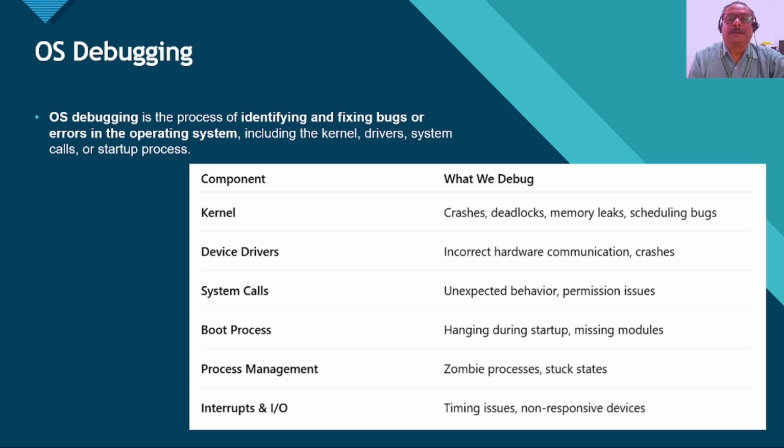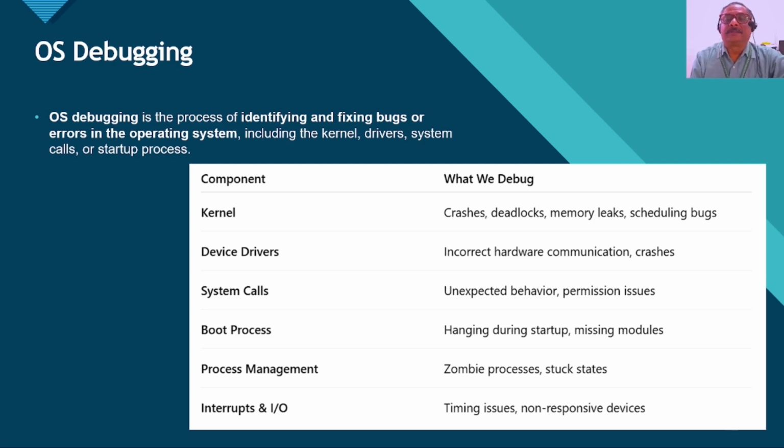Looking at the kernel, it may stop working, which we often call a crash, may have deadlocks because of resource problems, may have memory leaks, or there may be bugs in the scheduling system.